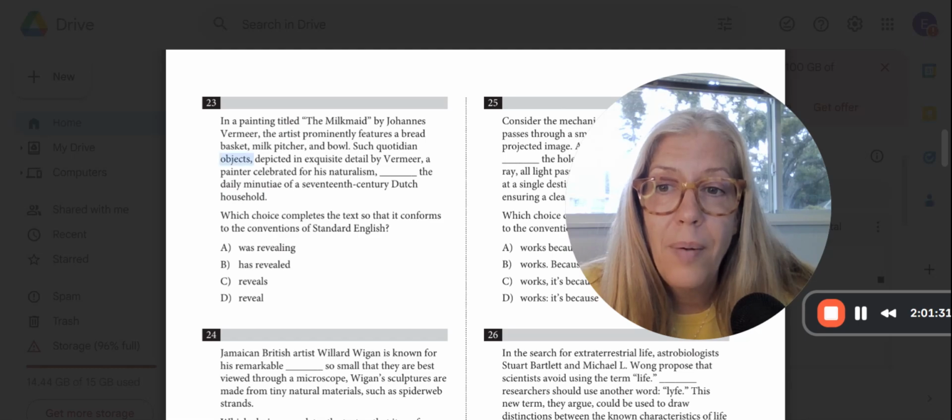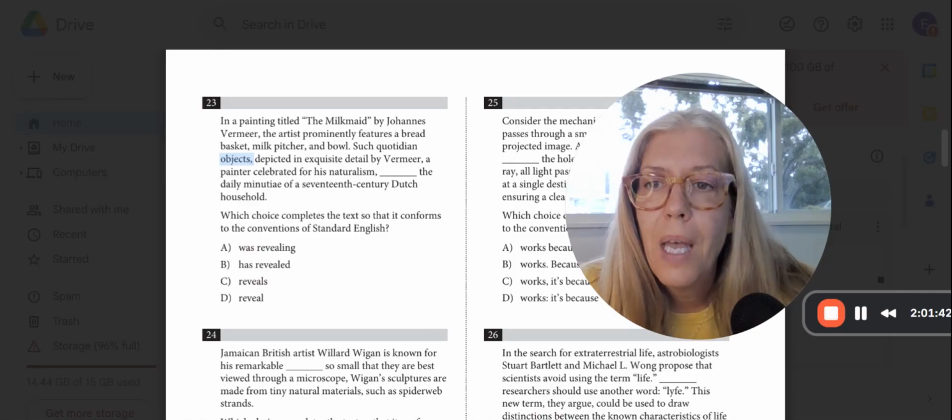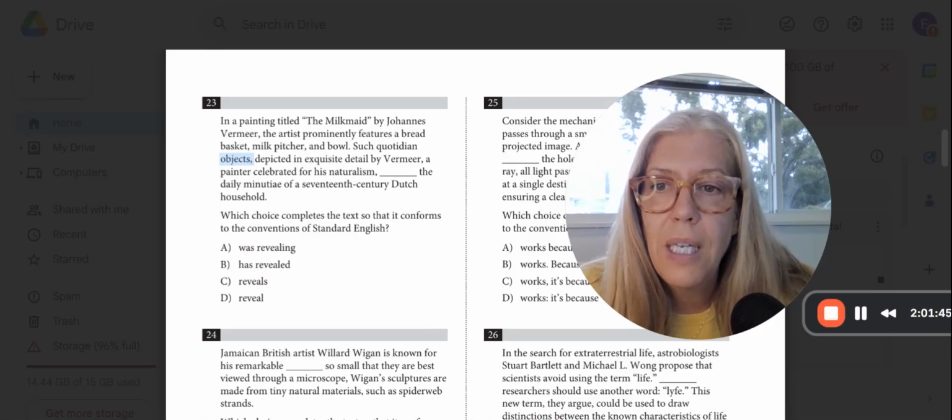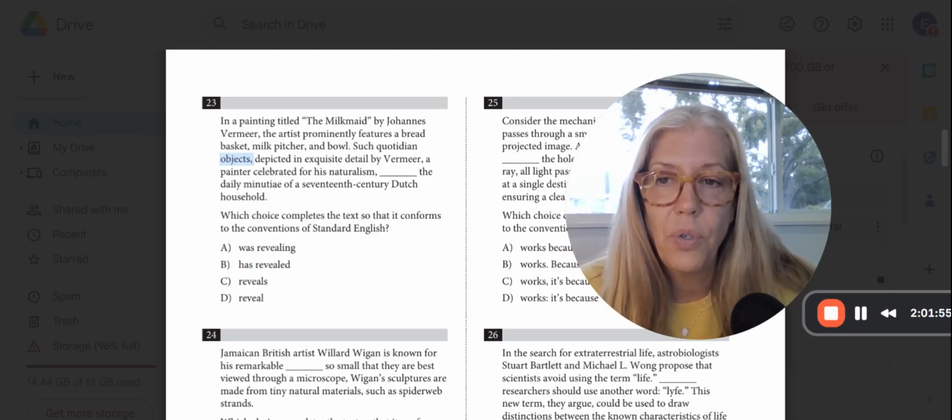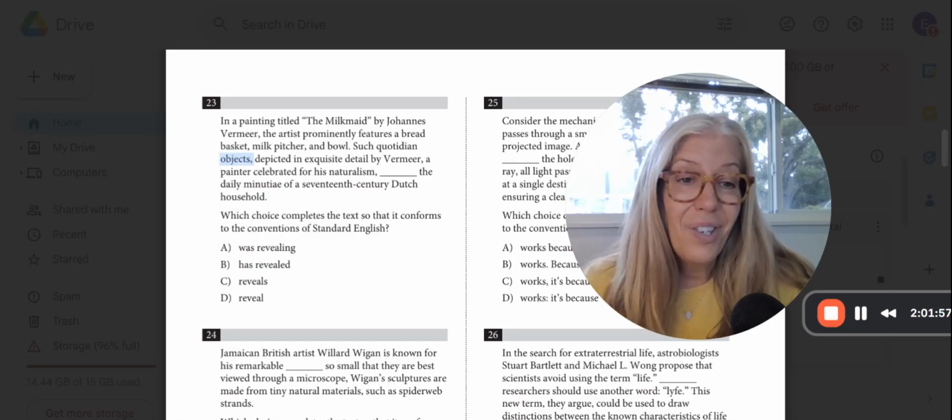And then I can say, objects was revealing the daily minutiae. No. Objects has revealed the daily minutiae. Maybe if it's present, objects reveals the daily minutiae, or the objects reveal the daily minutiae. Plural objects reveal the daily minutiae of a seventeenth-century Dutch household. I took a long time on that one.